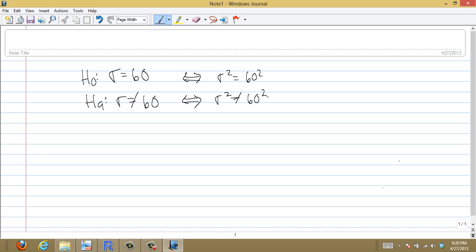So these two hypotheses are really equivalent, though our test is going to be in terms of the sample variances. So let's determine our rejection region.